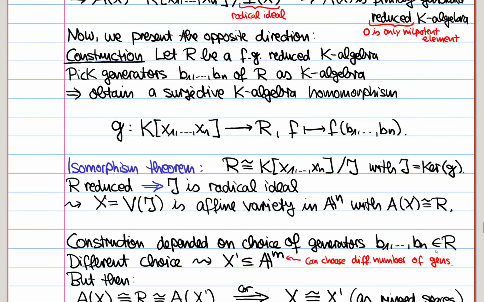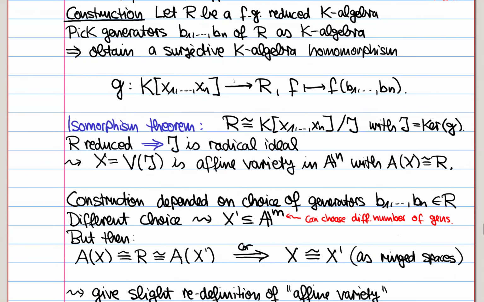The construction, of course, depended on the choice of generators, b_1 up to b_n. What if we had chosen a different set of generators? Would we have gotten a different variety? Well, a priori, the answer is yes, because, for example, we could choose a different number of generators. For example, we could just repeat one of them a couple of times.